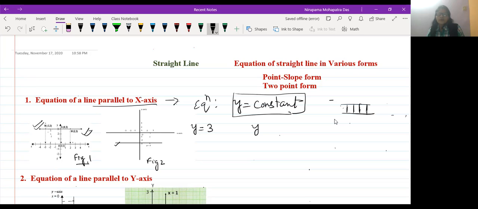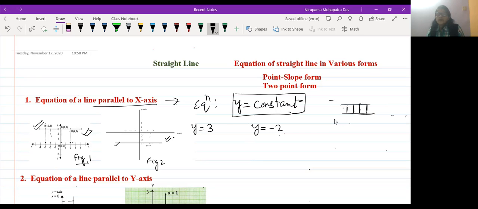For example, y equal to 3 means the line is parallel to the x-axis at a distance of 3 units, above the x-axis, like figure 1. And y equal to -2 means the line is parallel to the x-axis at a distance of 2 units, below the x-axis, like figure 2.